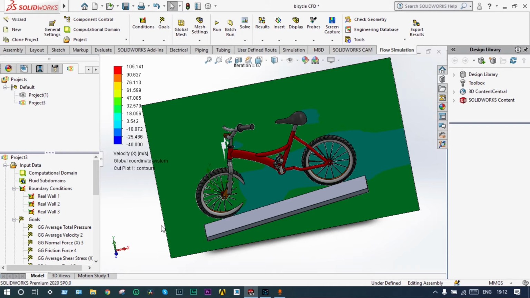Before striking, it is a little higher, in the range of more than 18 meter per second. It is in the range of 18 to 30 meter per second. That is the velocity of air. But after striking, there is some region where the velocity is coming down a little bit.